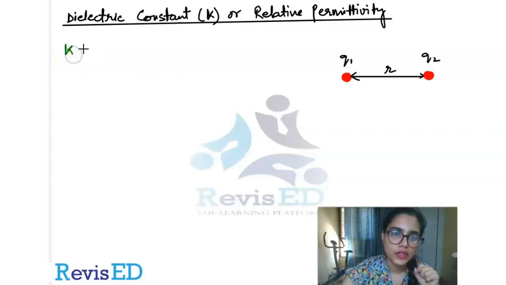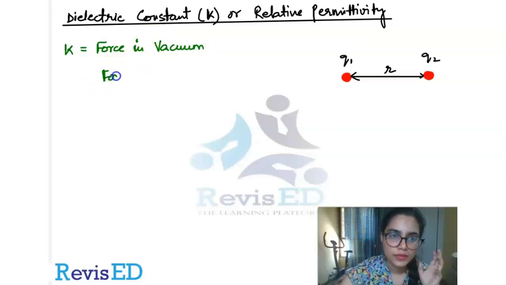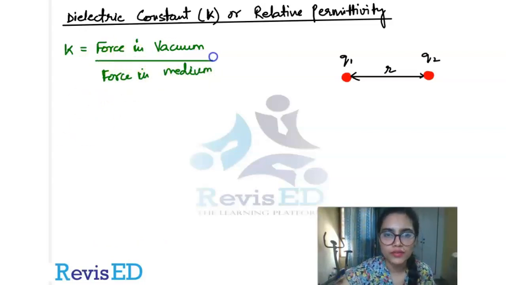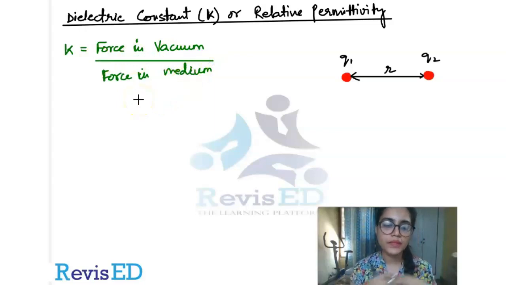So what happens in dielectric constant? We can define it as the ratio of the force in vacuum to the force in medium. It is defined as the ratio between the force between two charges separated by a certain distance in vacuum to the force between the same two charges separated by the same distance in the medium.